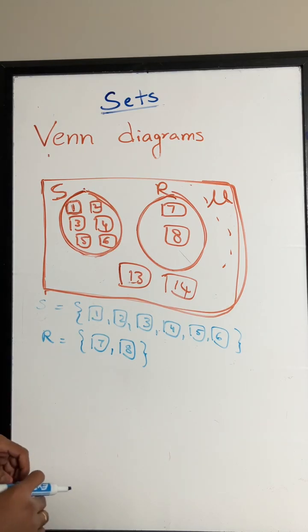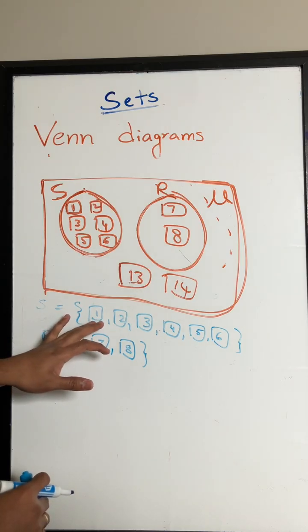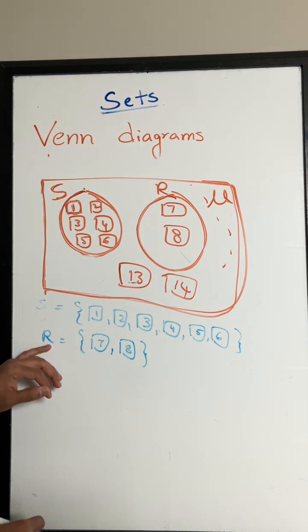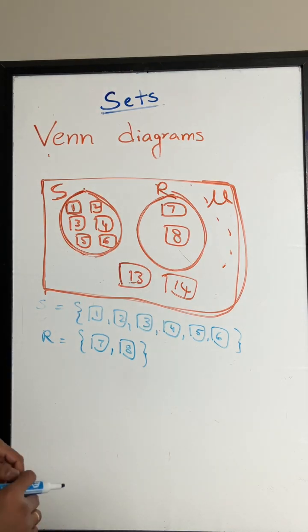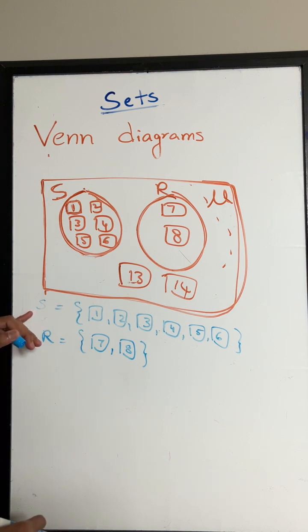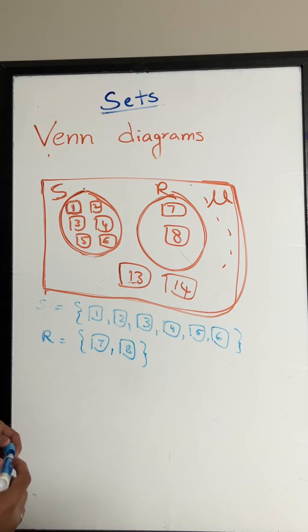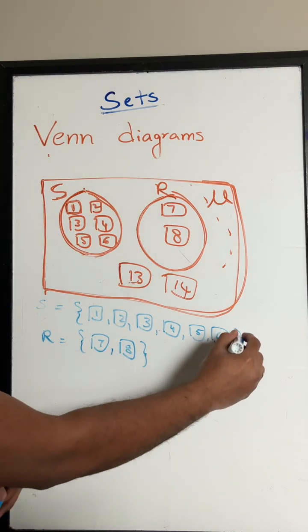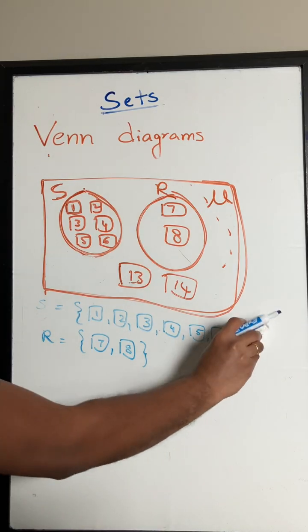Now think about a situation. Here I have collected stamps 1 2 3 4 5 6, and Ranga collected stamps 7 and 8. One day I went to the post office and I also purchased stamp 7. Then how will I represent this in my roster form if I buy a new stamp?